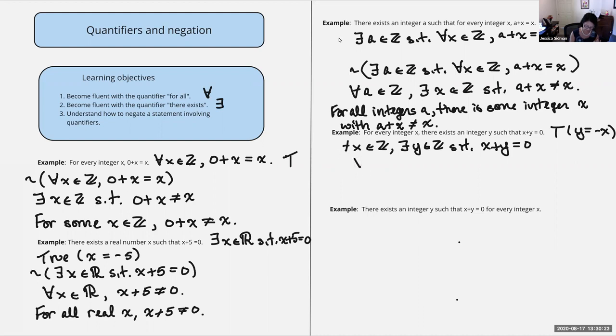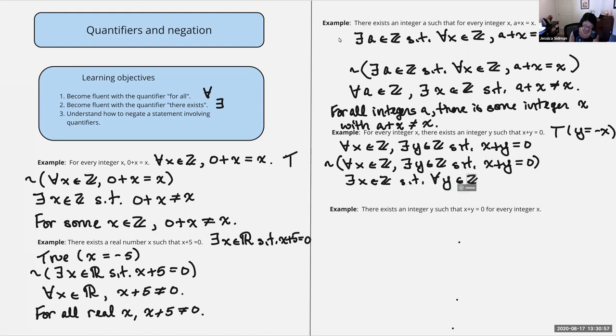I'm going to do this little copy paste thing so I can negate it quickly. So when I negate this statement, what I get: this statement says for all integers x, there's some y so that x plus y is 0. It's not true if for some x, so there exists an integer x, such that for every integer y, x plus y is not 0.